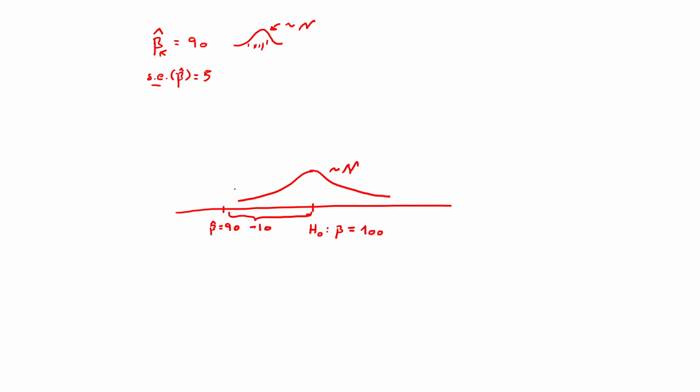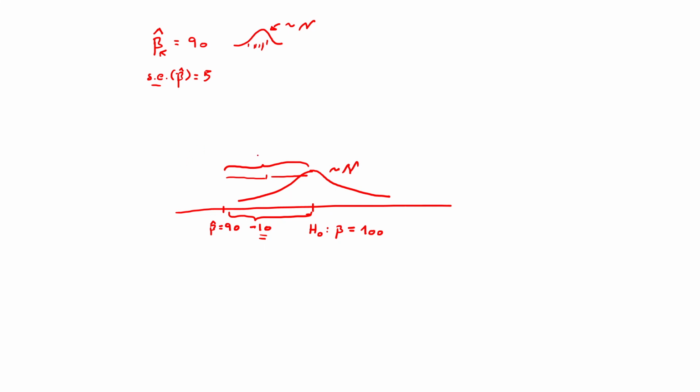And the benefit of doing this is that we can calculate with probabilities. So now, instead of measuring this distance in units, we can measure this distance in standard deviations. We have a distance of -10, and the standard error is 5. So we see that we need 2 standard errors to cover this distance.